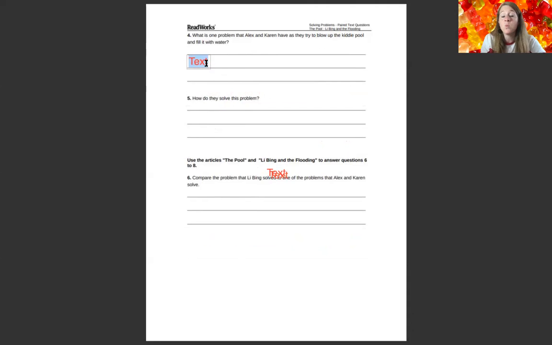They have the fact that one person can't fill it up. They need a pump. They have the fact that there's a hole. They have the fact that they have to figure out how to get the water in. Okay, they have all kinds of problems. I want you to pick the problem that you want to write about to answer this question. So I will help you restate it, but then you guys need to fill in the rest.